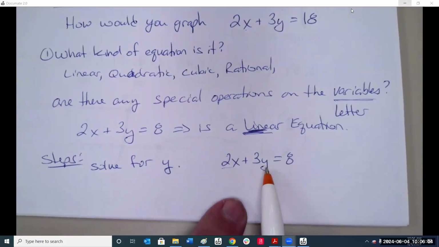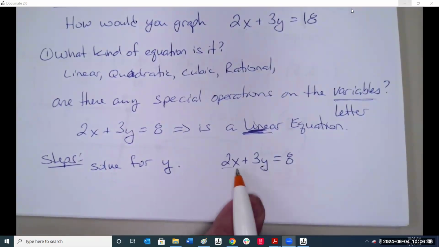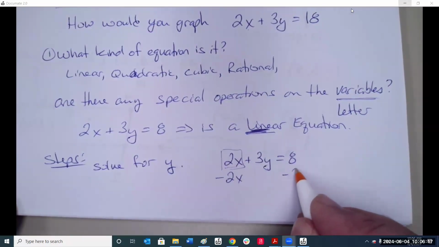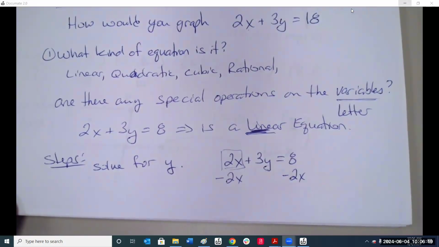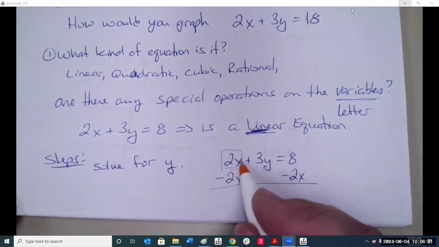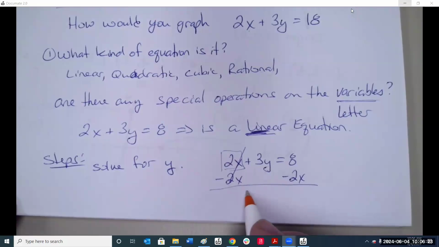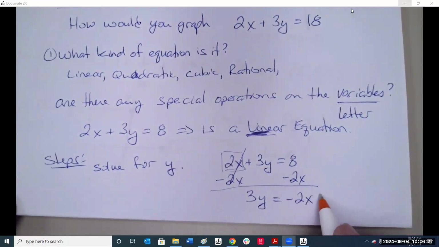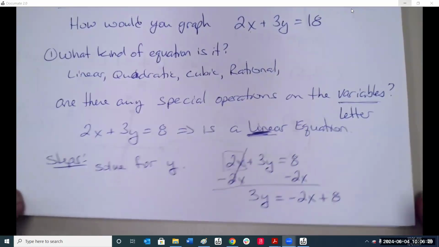Because remember, since we're solving for y, how is 2x connected to y? It's added. So we just do the opposite. Since it's positive 2x, we subtract 2x from both sides. 2x minus 2x cancels. So it's minus 2x plus 18.